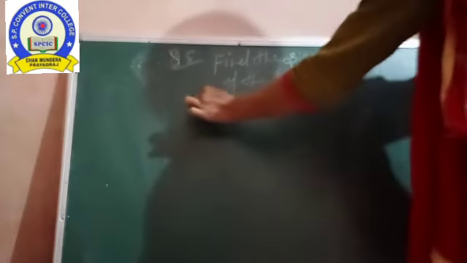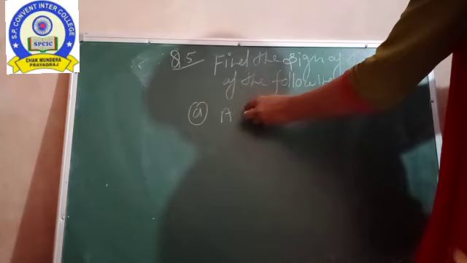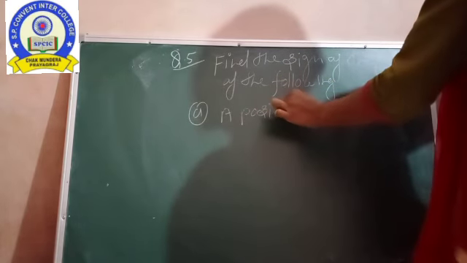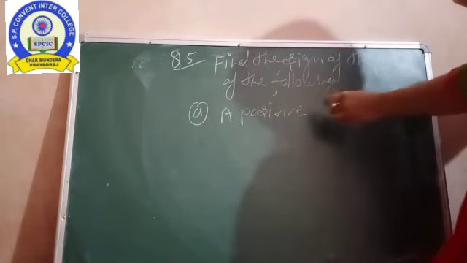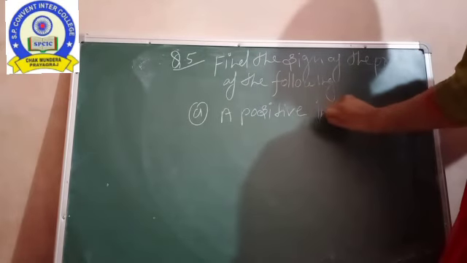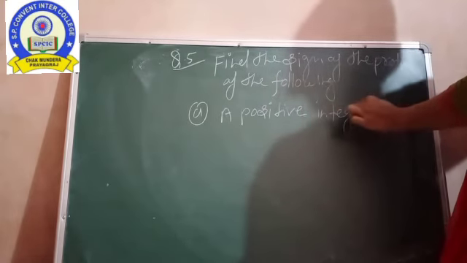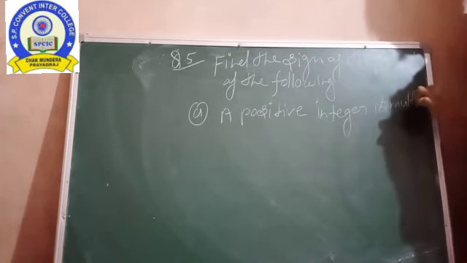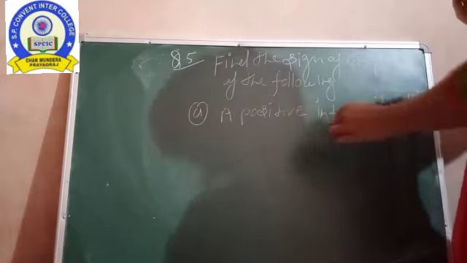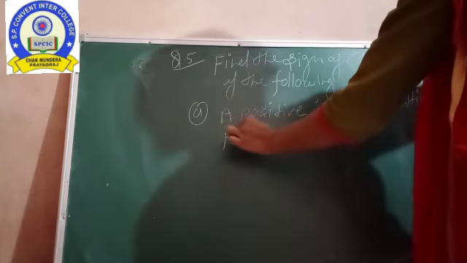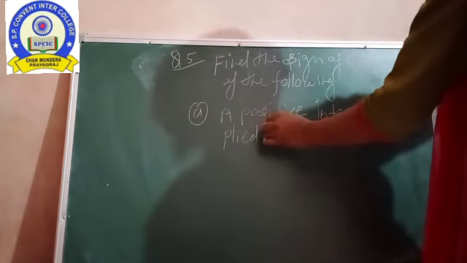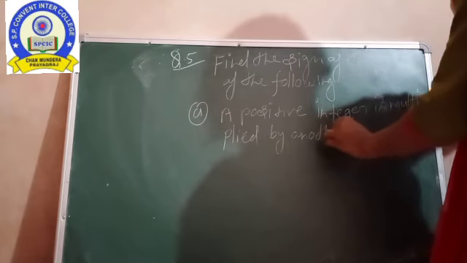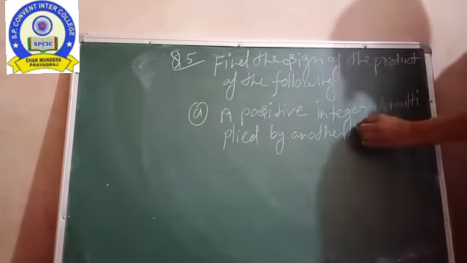First, a positive integer is multiplied by another positive integer.